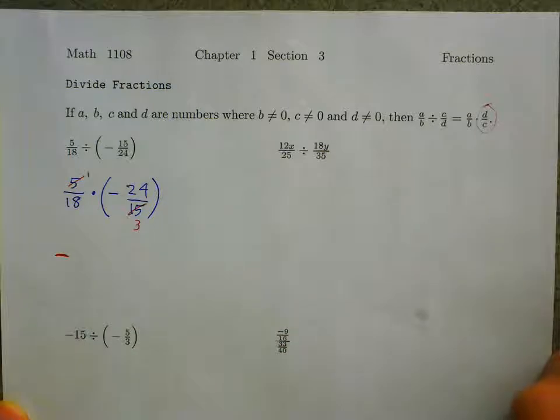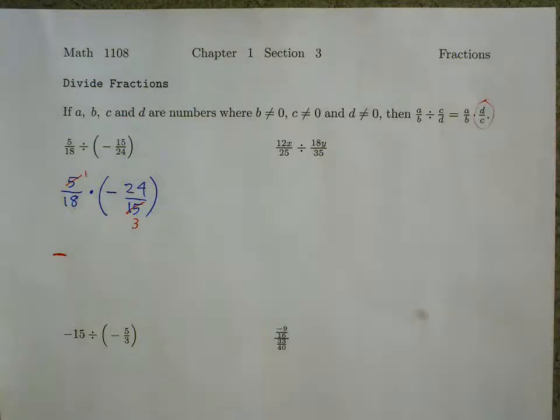Well, the greatest common factor of 18 and 24 is 6. If you don't notice that 6 is the greatest common factor, if you find a common factor like 2, you can whittle it down piece by piece. It will just take a little bit longer.